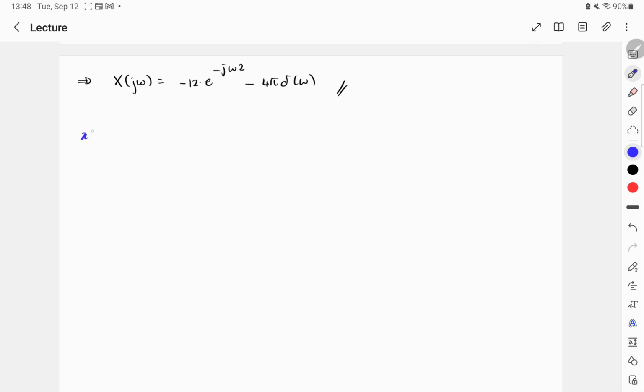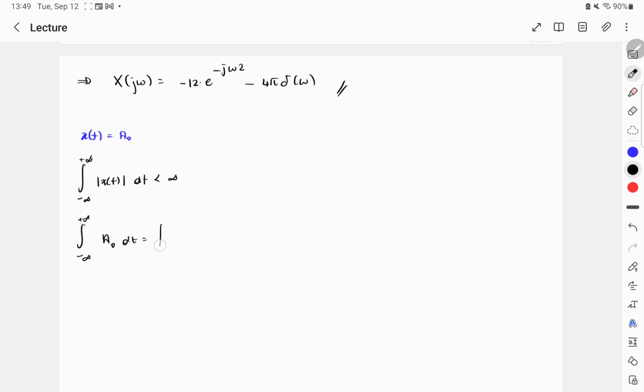Let us assume that our time domain signal is a0, which is a constant, and we were asked to find its Fourier transform. The first condition that we apply is to see if it is absolutely integrable. The integral from minus infinity to infinity of the absolute value of this function needs to be smaller than infinity. However, is that the case?